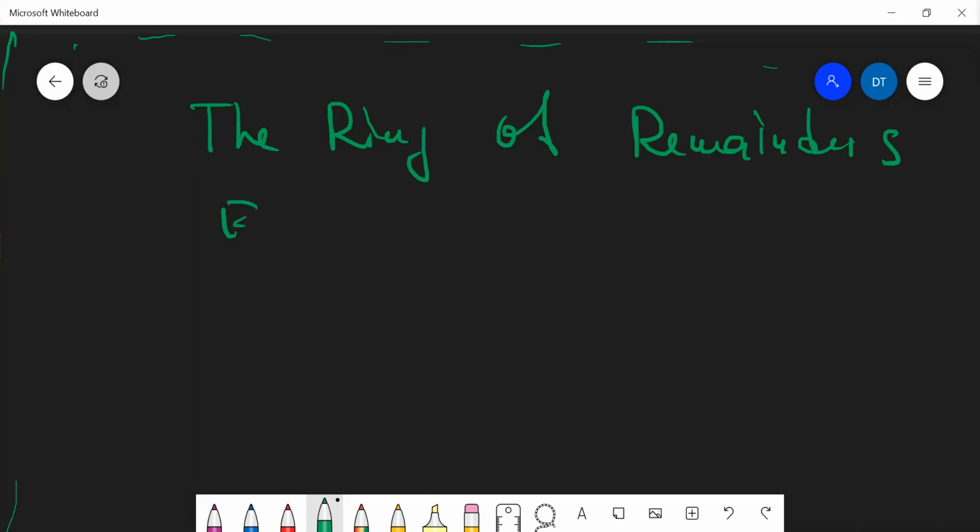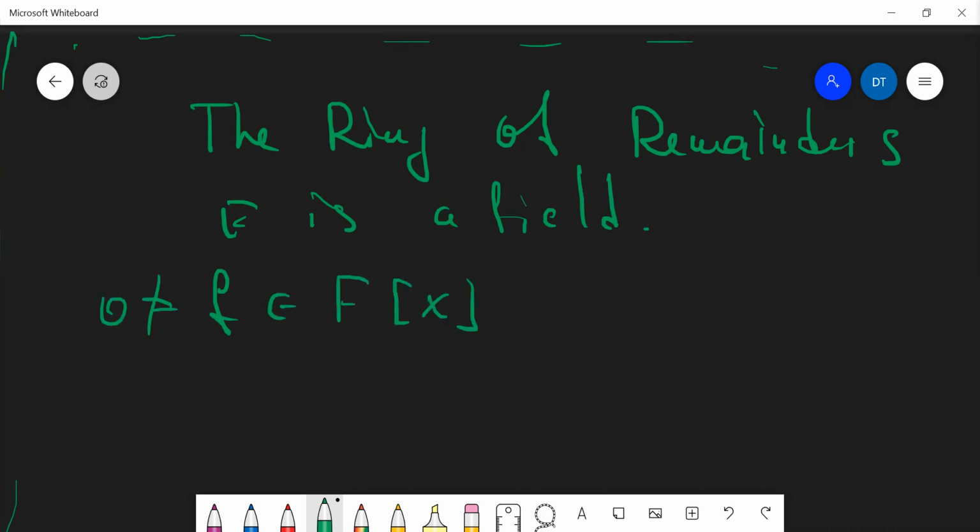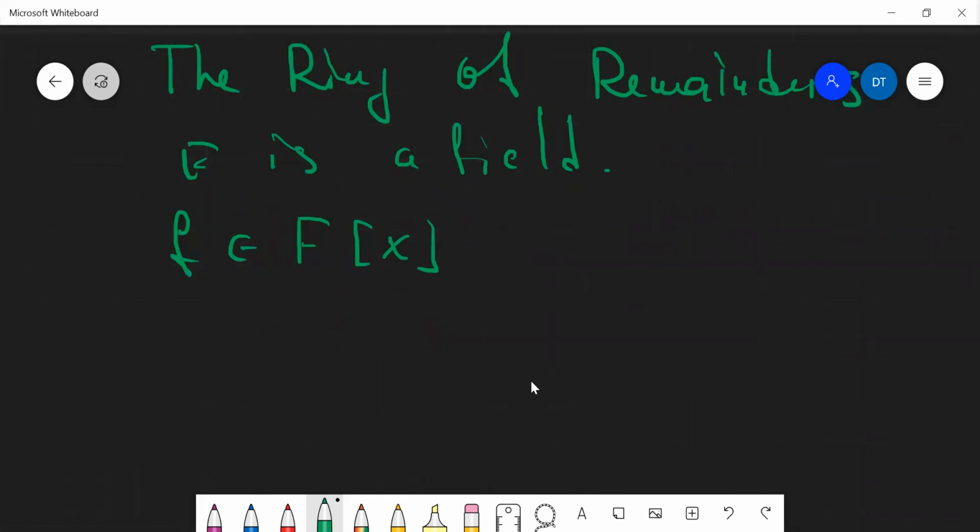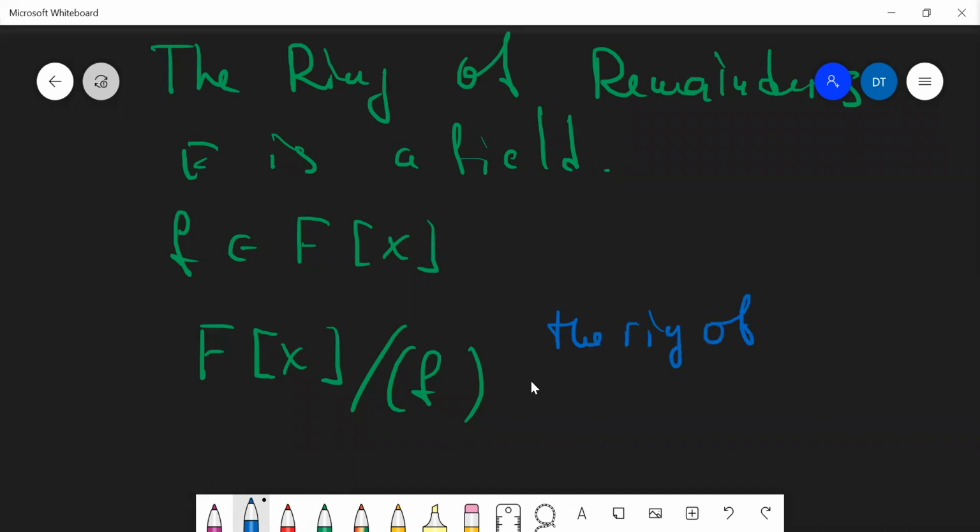So suppose F is a field and we fix a non-zero polynomial f here. Well, actually, it doesn't matter, just any polynomial here. Now I want to define the ring of remainders. This will be a notation.